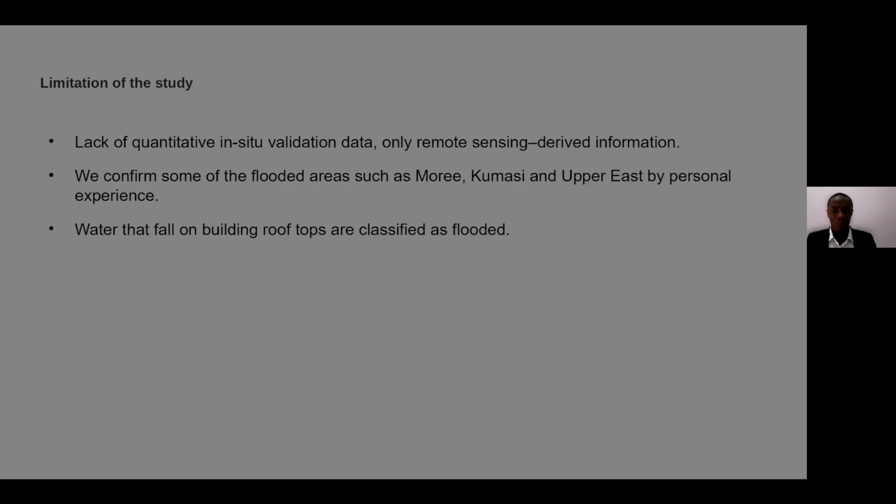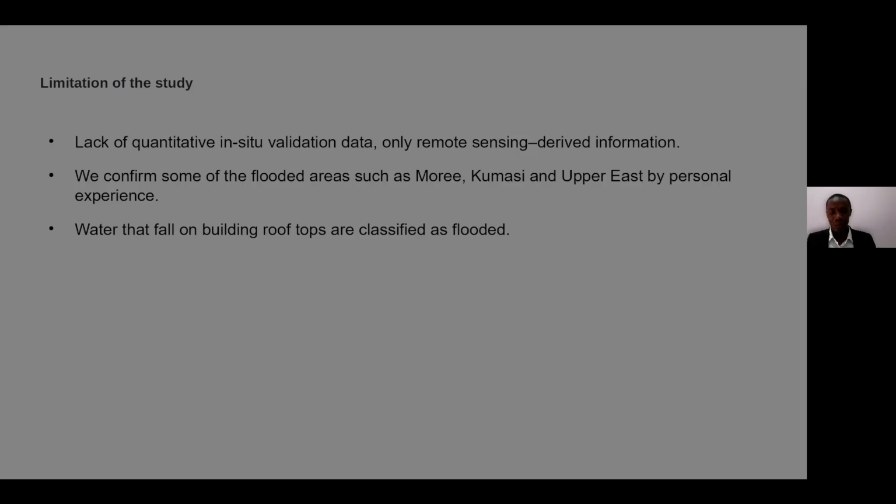And then also waterfall on rooftops might be classified as flooded areas, and these were not excluded from the flood mask because in Ghana some of the buildings are at intervals less than 10 meters, the spatial resolution of the Sentinel-1 data that we are using.